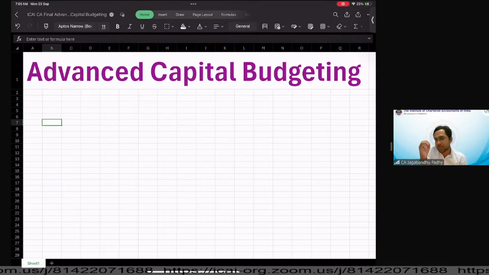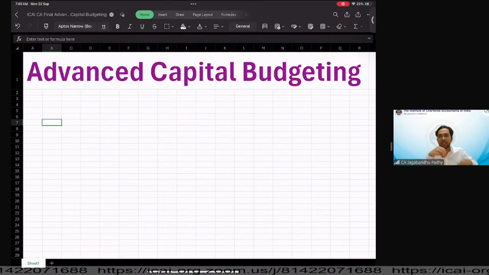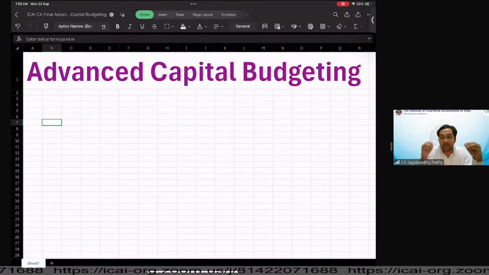Certain students might feel that since that chapter has been removed from Inter, it is now going to be there in the Final in the form of advanced capital budgeting. At the very first instance, I want to clarify that it's not that.